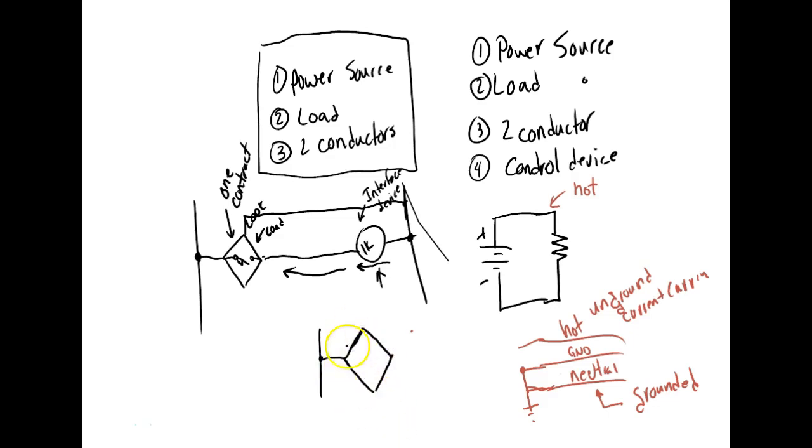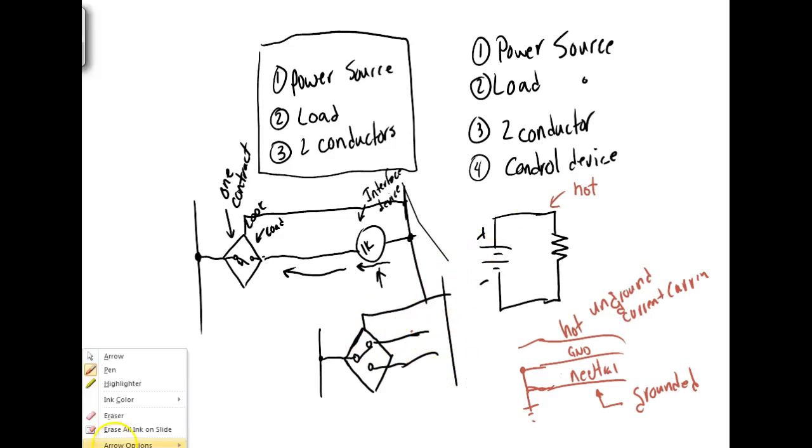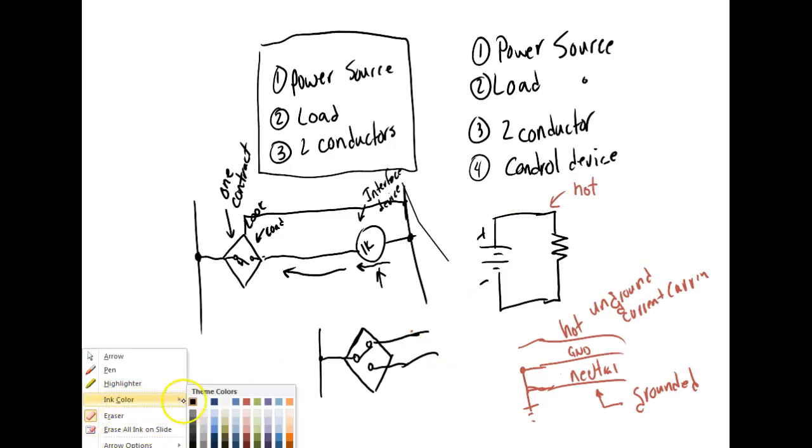Y'all understand? So the way this one here works, it's this one right here. Oh, the double throw. Yeah, it's a single pole double throw. And the way this works is this comes out of this. So this is the way our temperature sensor works.